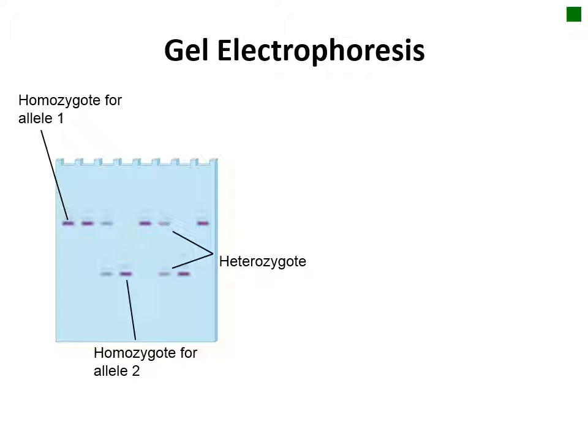Looking at this example in detail, we can see that we analyzed the genotypes of 8 different individuals for a gene with 2 alleles.